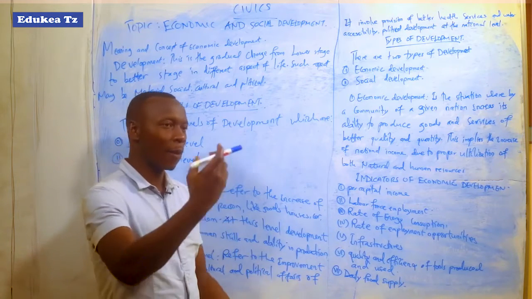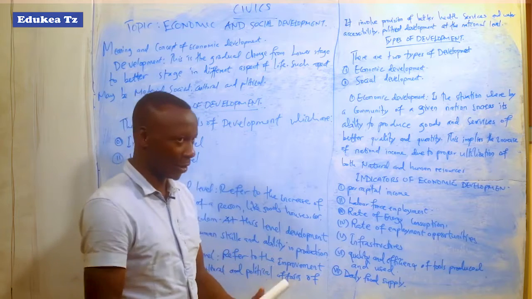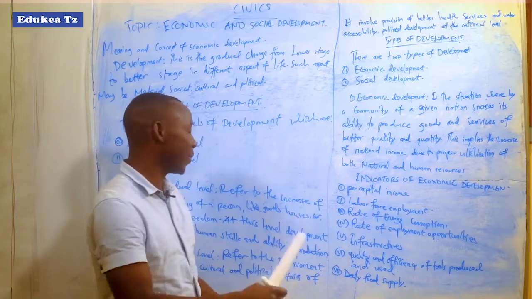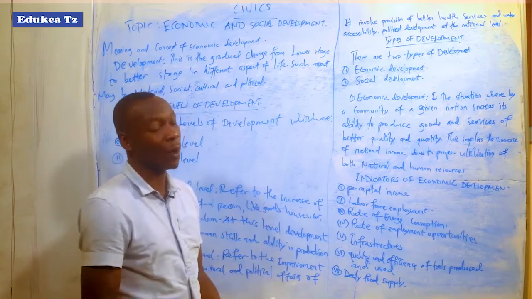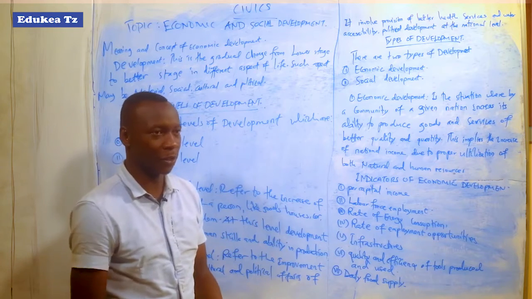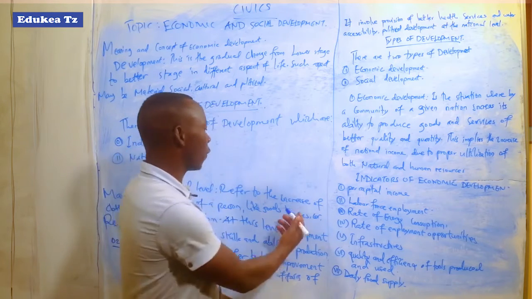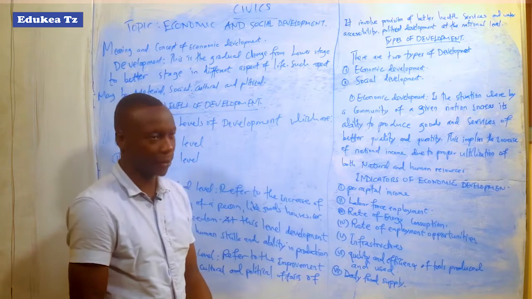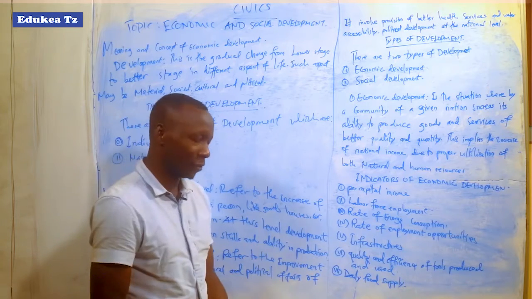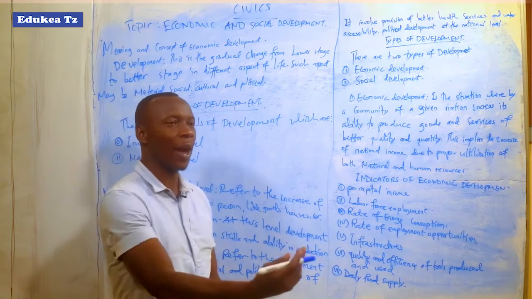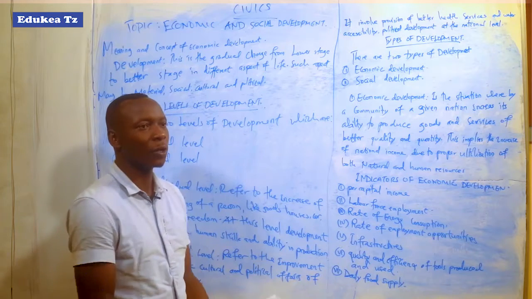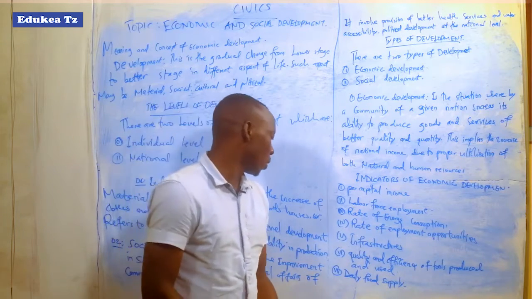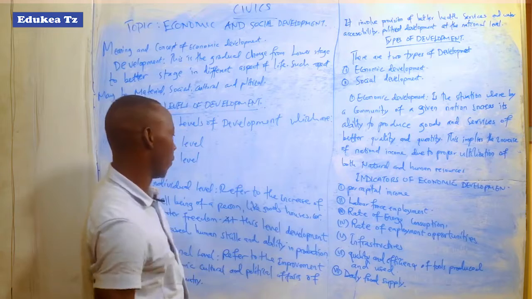If you have money to buy a car, it means that you have developed from one stage to another. If you have good houses, it means you have changed from a lower stage to a higher stage of social and individual development.